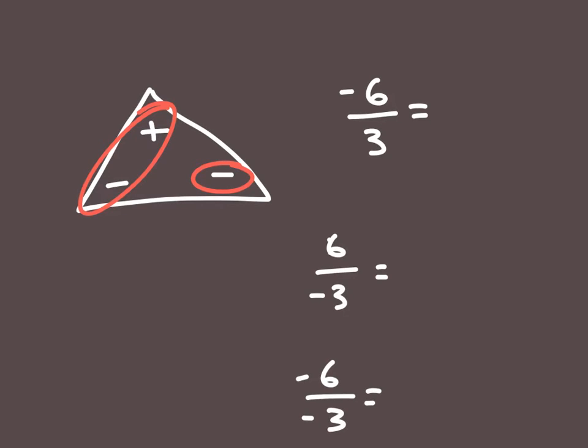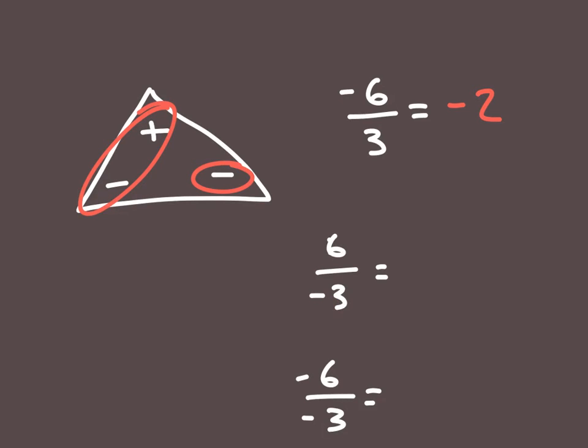So all I need to know is just how to do the division. 6 divided by 3 is 2, and because I have a negative divided by a positive, I'm going to get a negative value. So my answer is going to be negative 2. The same thing would apply if I were to do positive 6 divided by negative 3.